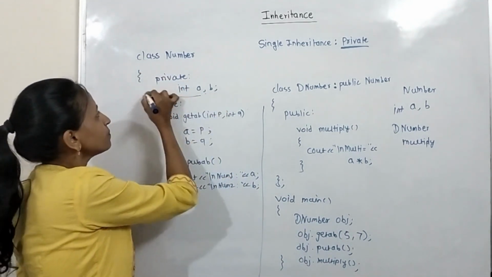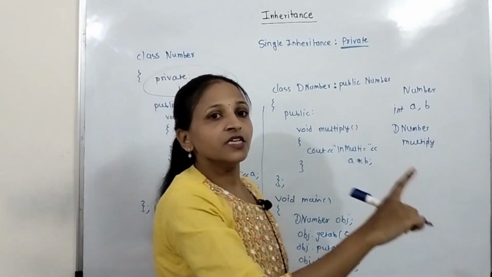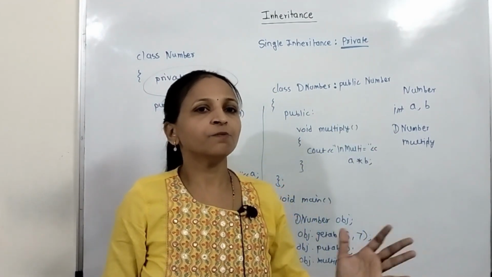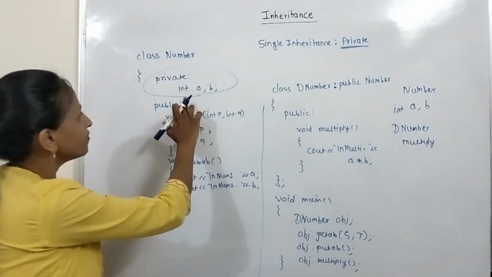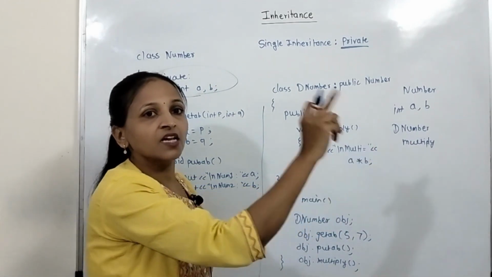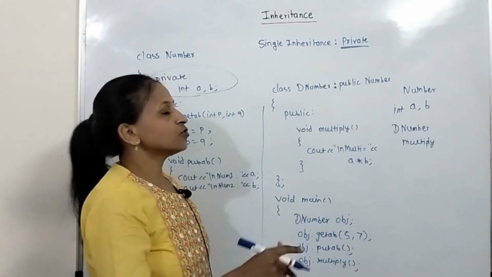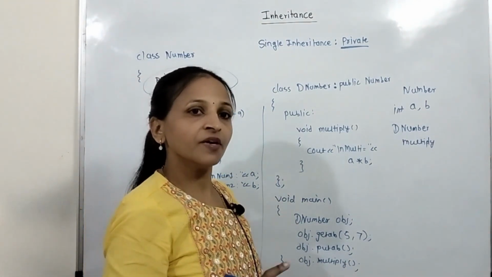If anything is private in the base, it will never come in the derived class, whether this visibility mode is private, public, protected, anything. Getting? Private is not inheritable in any case. That's why it is always better to declare the data members as protected in case of inheritance.